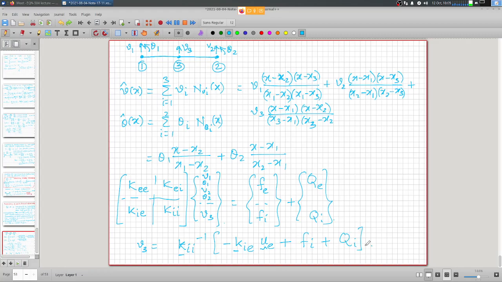Right? And this can be substituted in the first equation. So this leads to the formulation (KEE minus KEI multiplied by KII inverse KIE).